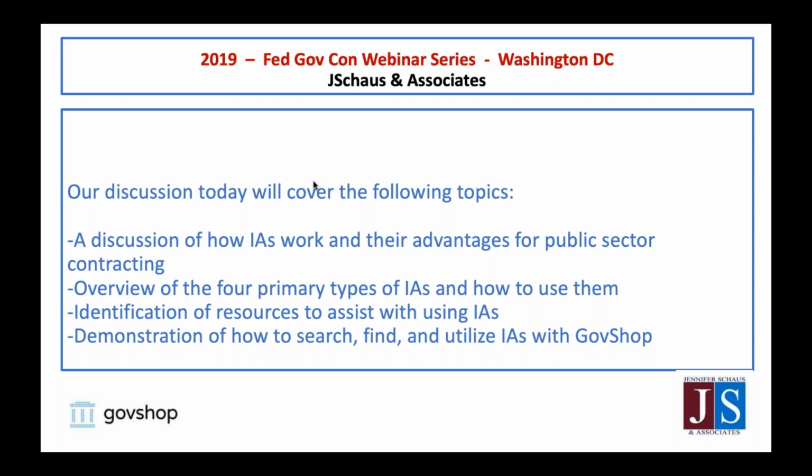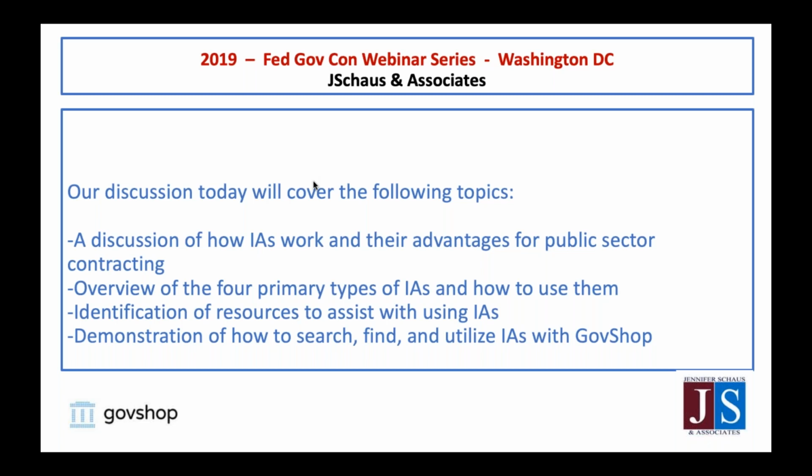We have a feature that compiles all of the available interagency acquisitions from the GSA schedules down to state and local cooperative purchase agreements. And we're finding a lot of those people are using GovShop to search interagency agreements because it's frankly a better interface than the GSA eLibrary and some of the other aggregators that we're finding out there. So I'll talk a little bit about that at the end, but let's go ahead to the next slide.